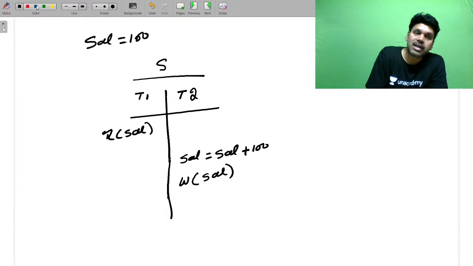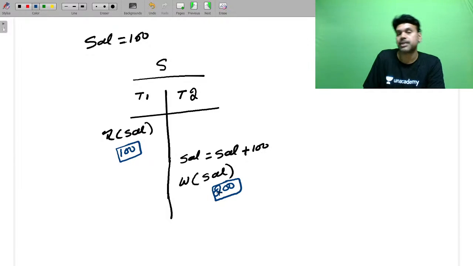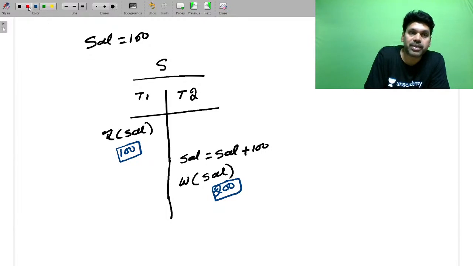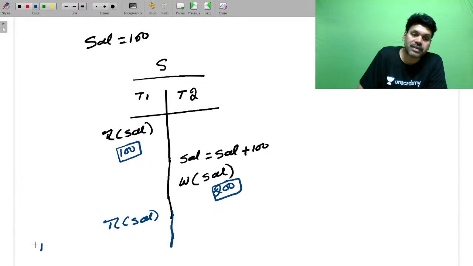So the salary value goes to 200. Now observe, when I perform a read of salary once again, then I am going to get an incorrect salary value.